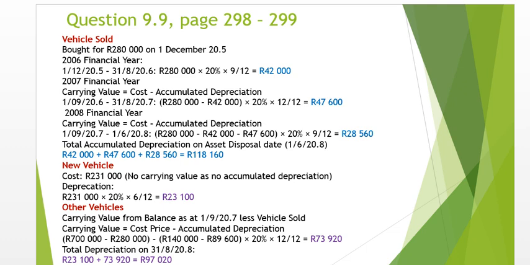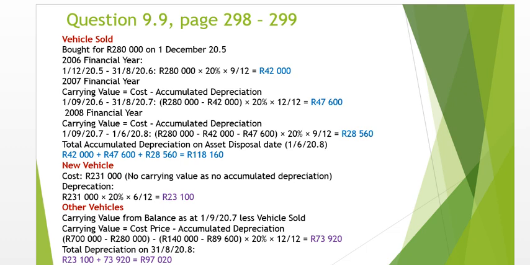So in this question, we took into account all the steps in our asset disposal procedure. So we looked at if we have a pool of assets, so more than one vehicle, how do we account for that? And we also had a look at how we account for asset disposal when we dispose of the asset midway through the financial year.